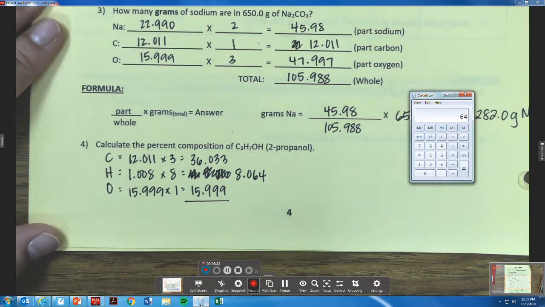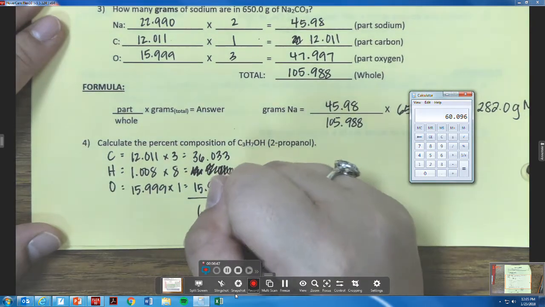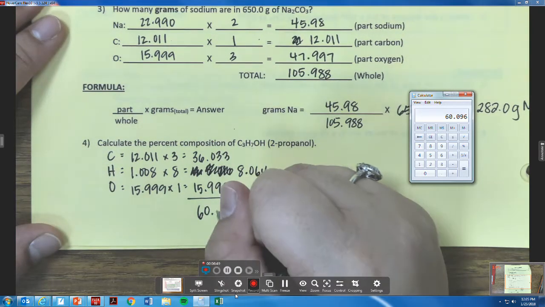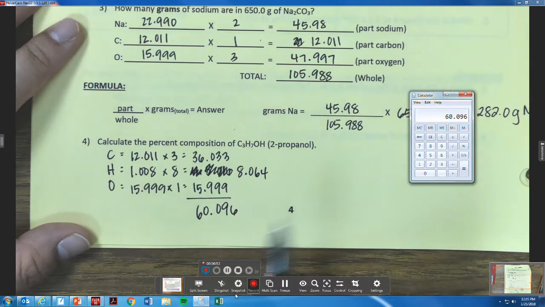My bad. Let's try that again. 36.033 plus 8.064 plus 15.999, and we get 60.096. Now we have our whole.